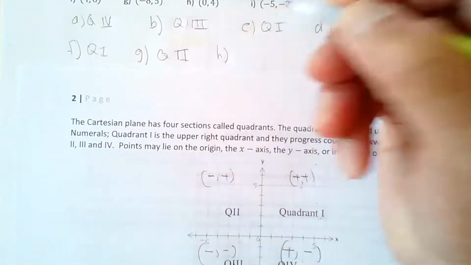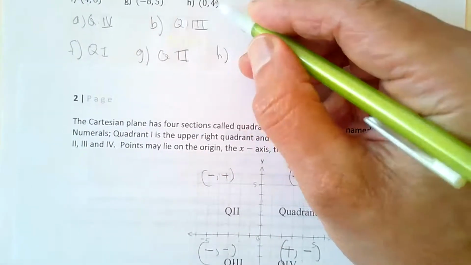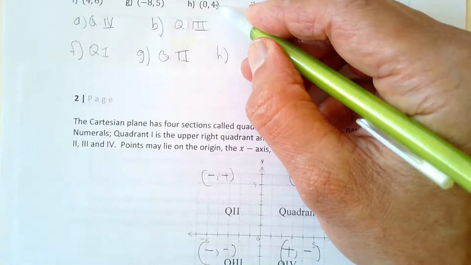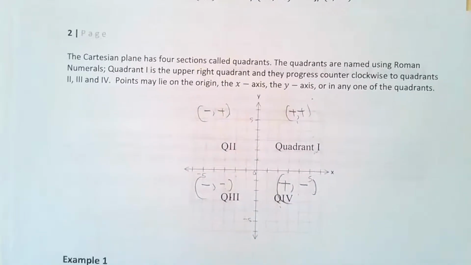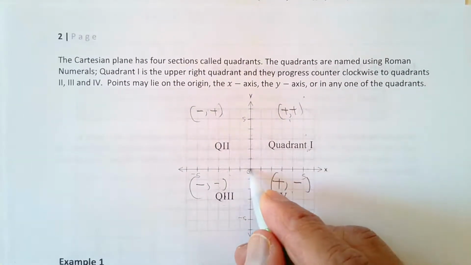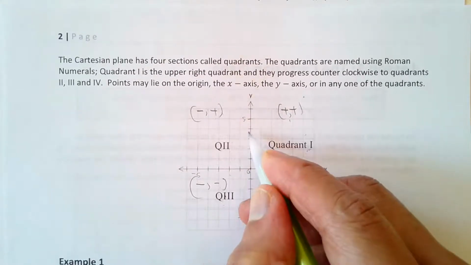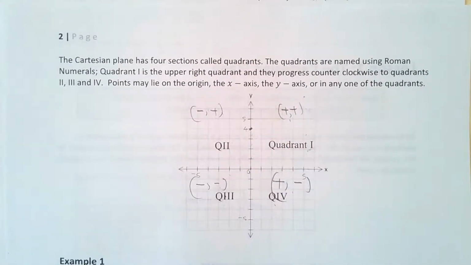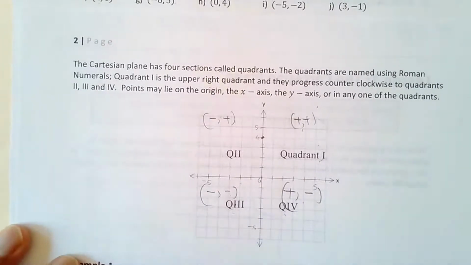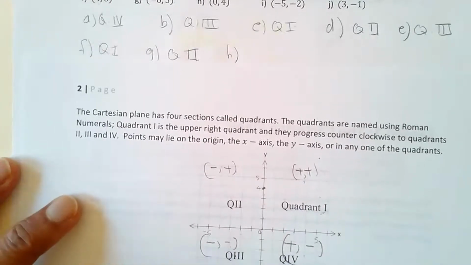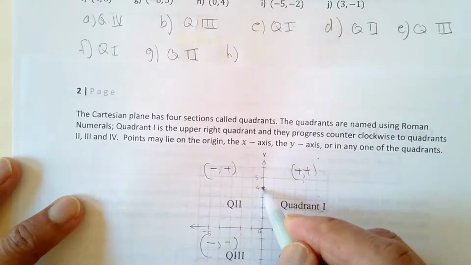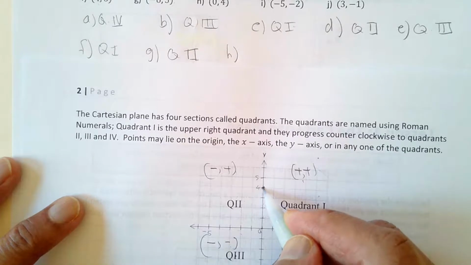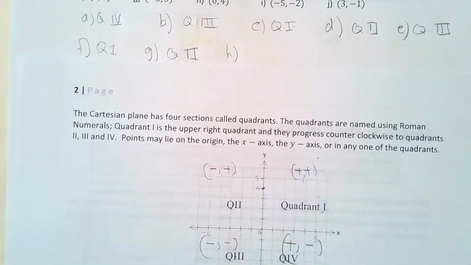H, now this will be a tricky one because x is 0 and y is 4. So if you were to look, x is 0, y is 4. You can say it's in both quadrants, but in none of the quadrants, because it's lying directly on the y-axis.